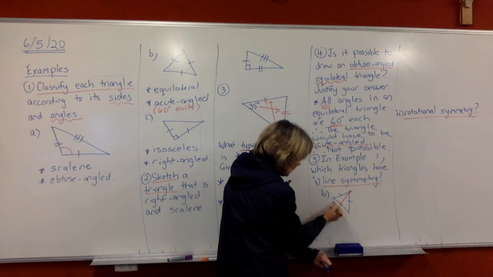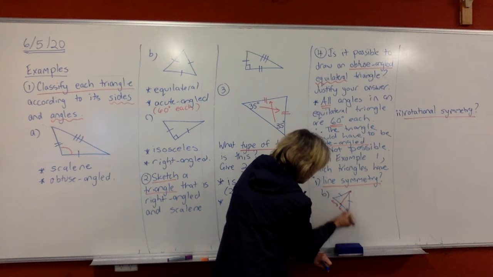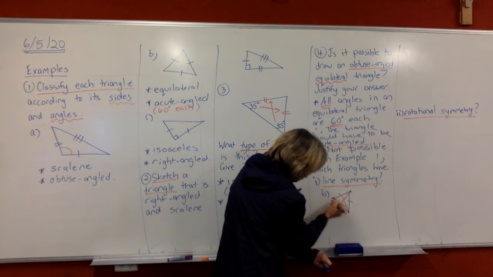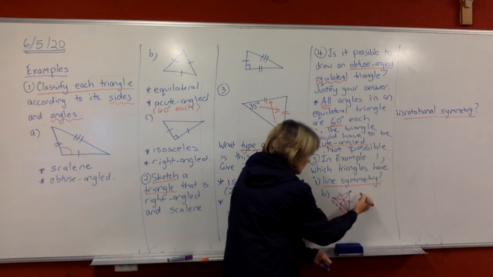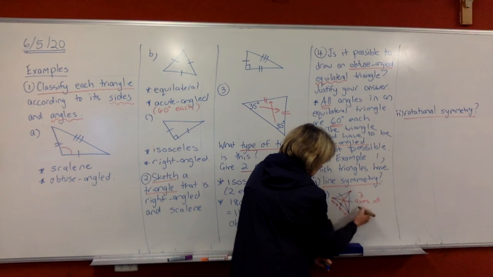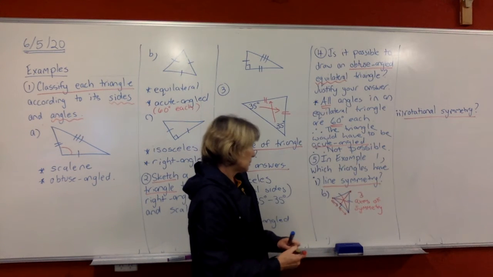I split that into two equal bits. Okay, and then I'm going to do that for all of those points. So I'm going from this corner to the middle of the opposite side, and from this corner to the middle of the opposite side. So I've drawn in three axes of symmetry. So yes, it definitely does have line symmetry.